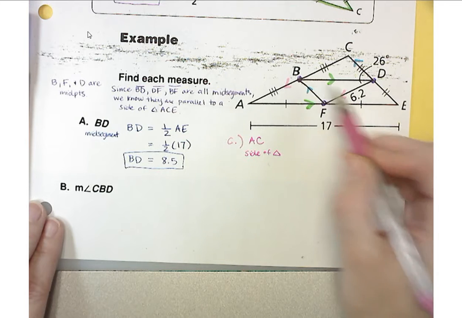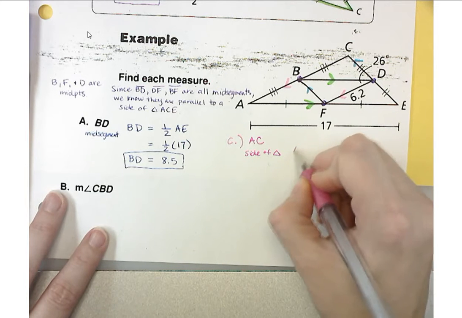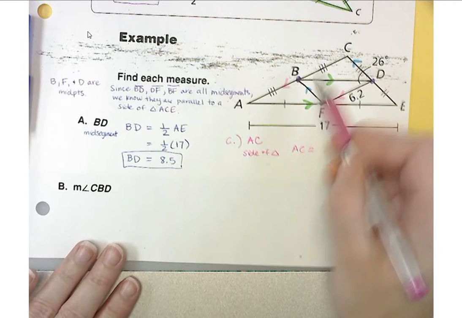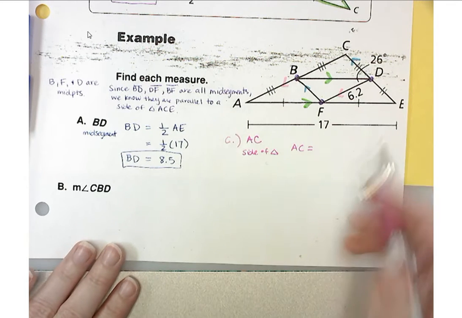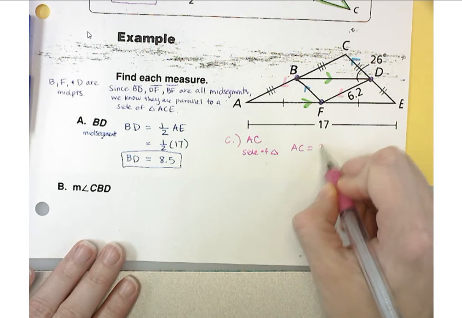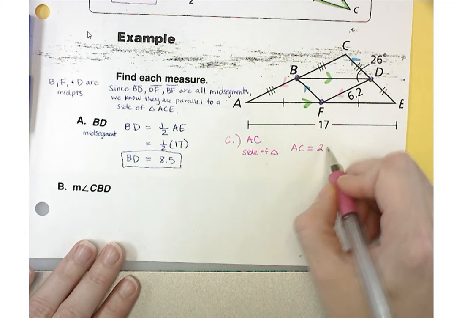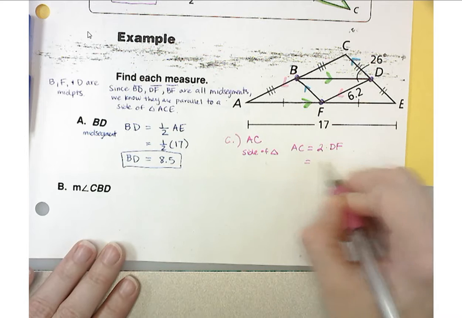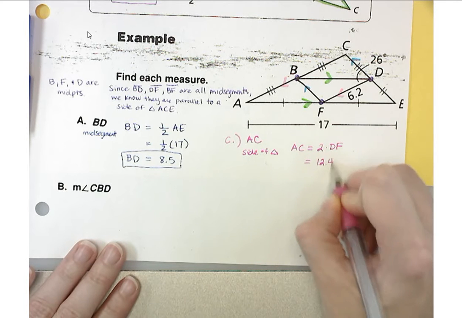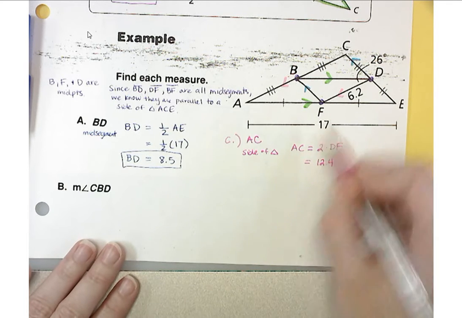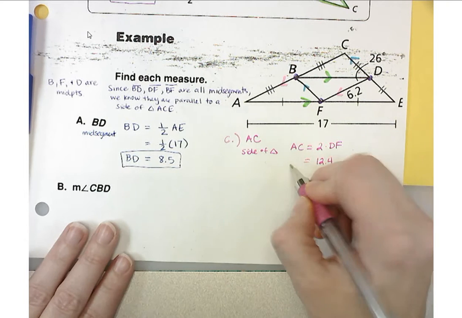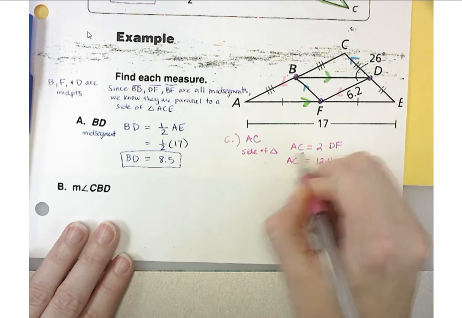What's their relationship? If this length is 6.2, AC is going to be, how did you know it was 12.4? It's doubled. So the length of AC is double the length of DF, so AC is equal to 12.4.